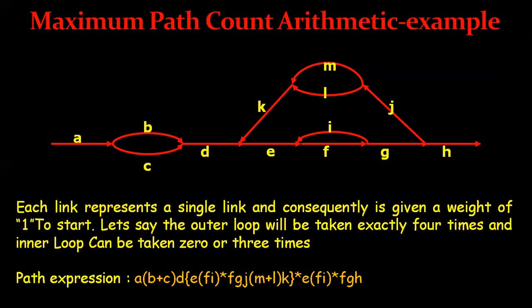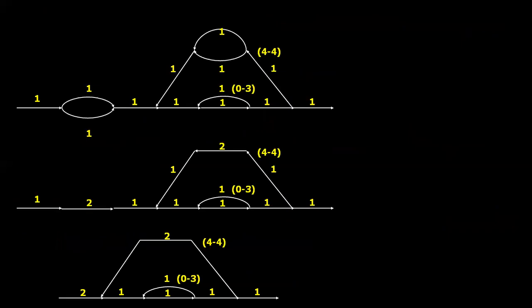Here, the flow graph in this picture should be interpreted by substituting the link names with the maximum paths through that link, which is 1.